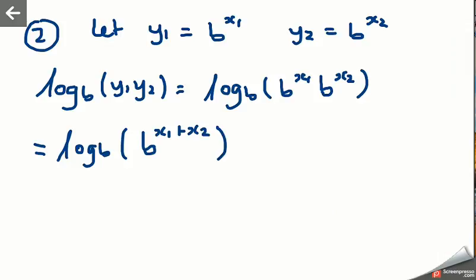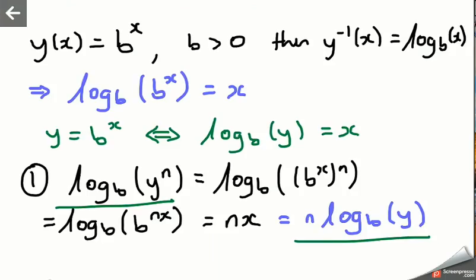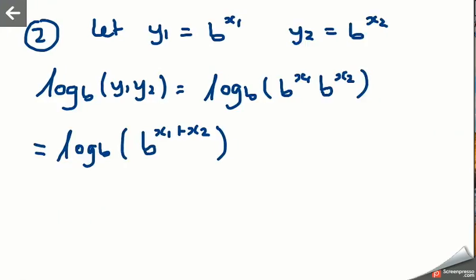And then we go back to our previous board and we see that all we're doing now is putting x1 plus x2 in here instead of x. So the thing that comes out should be x1 plus x2. And this is equal to x1 plus x2.